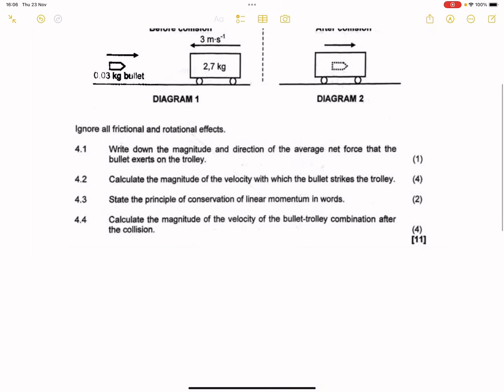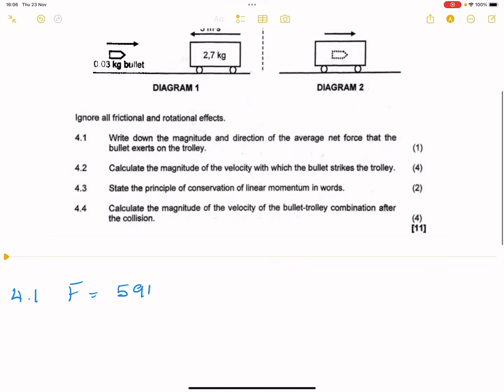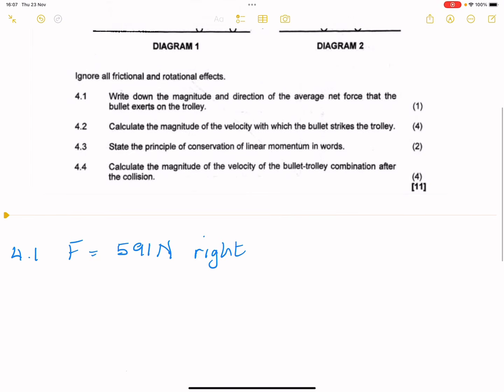The magnitude of that force is 591 newtons, but of course it will be to the right.